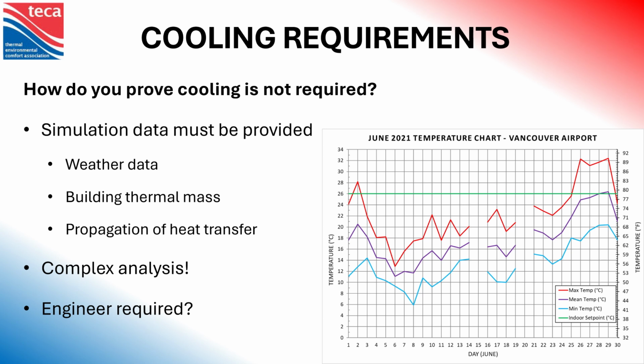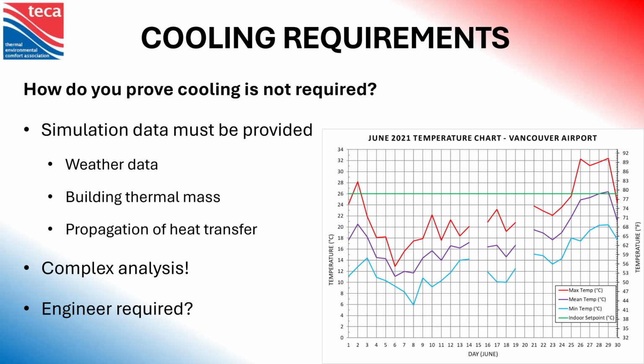There's a reason that CSA F280 runs the calculation the way it does. It is explicitly to avoid this kind of math-heavy calculation. And really, at the end of the day, it puts you in the spot where you essentially need an engineer, because you have to show an alternate pathway to code compliance.